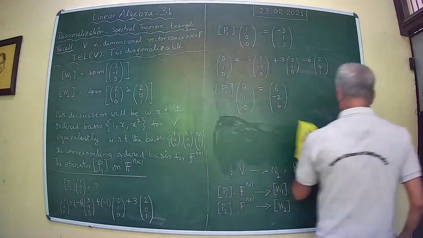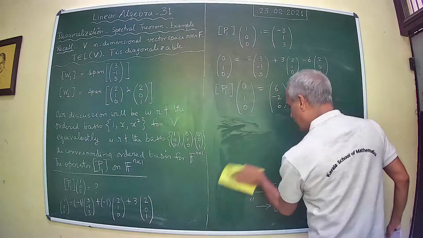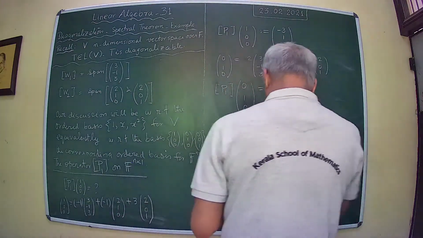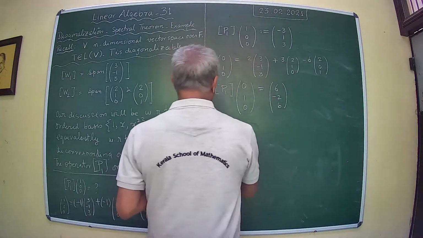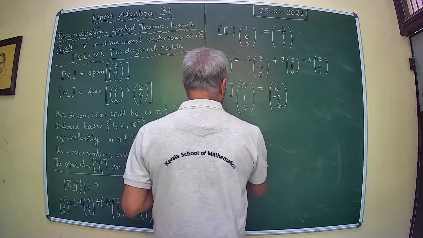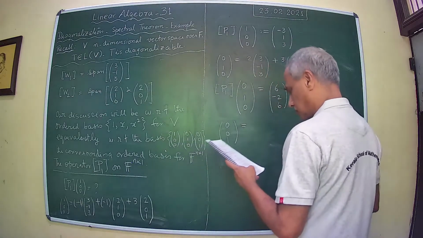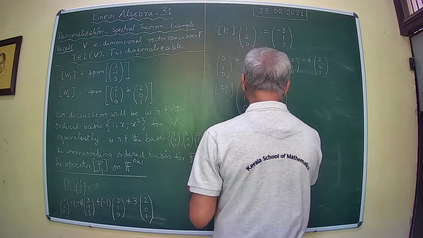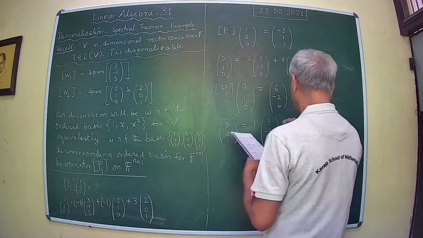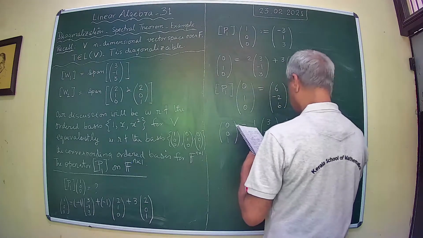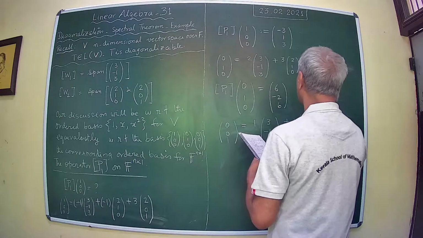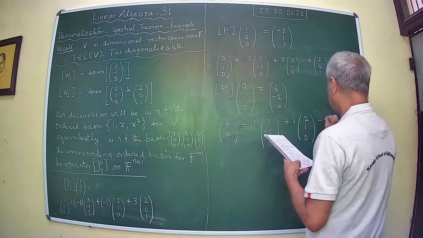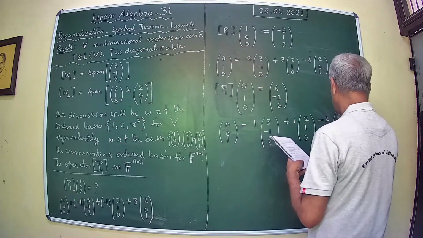Similarly, you have for the third vector, 0 0 1, it is written as 1 times (3, -1, 3), then 1 times (2, 1, 0), and minus 2 times (2, 0, 1).